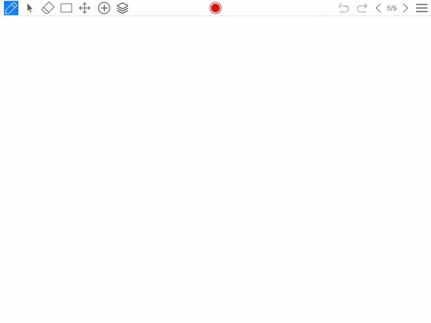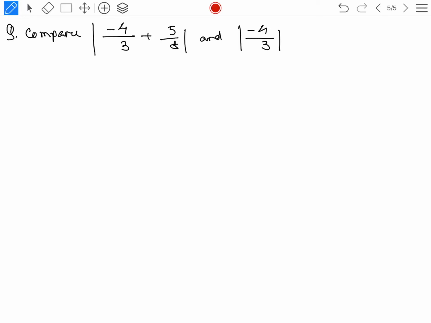Okay, take another question. Compare absolute value of minus 4 by 3 plus 5 by 8 and absolute value of minus 4 by 3 plus absolute value of 5 by 8.